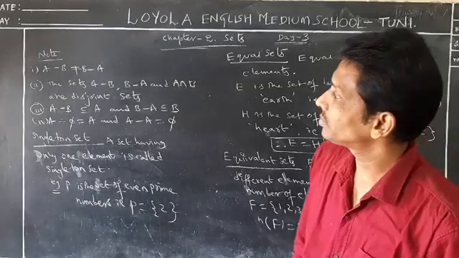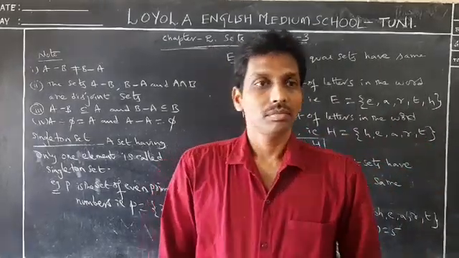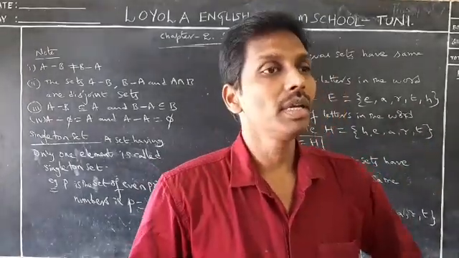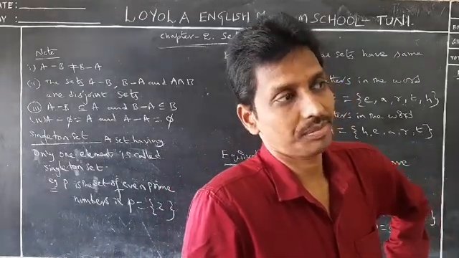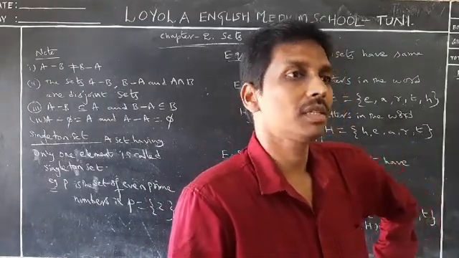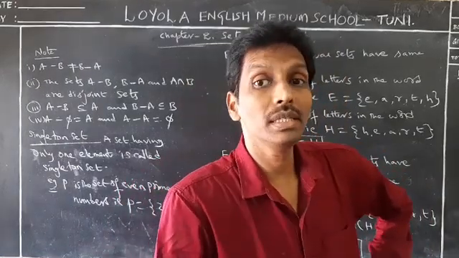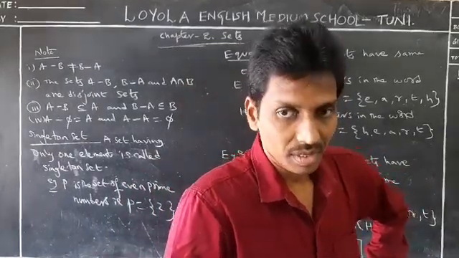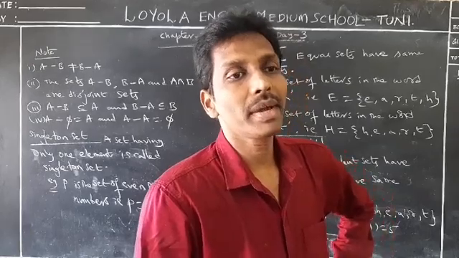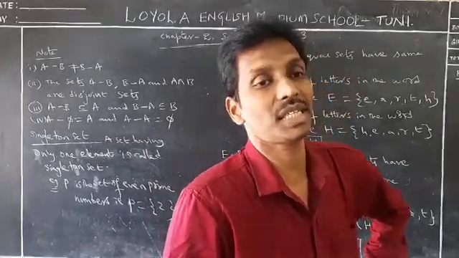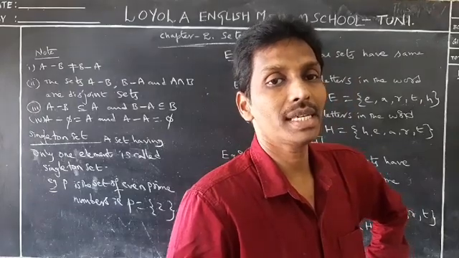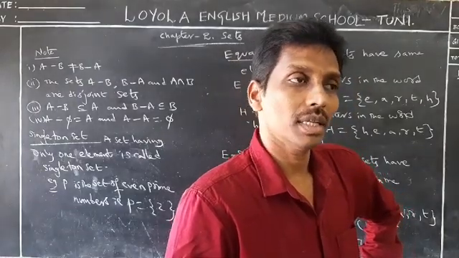Okay, children. Just now we discussed the difference of two sets, meaning how we subtract A minus B and B minus A. While subtracting A minus B, we came to know that the elements left in the first set only should be written as the answer.